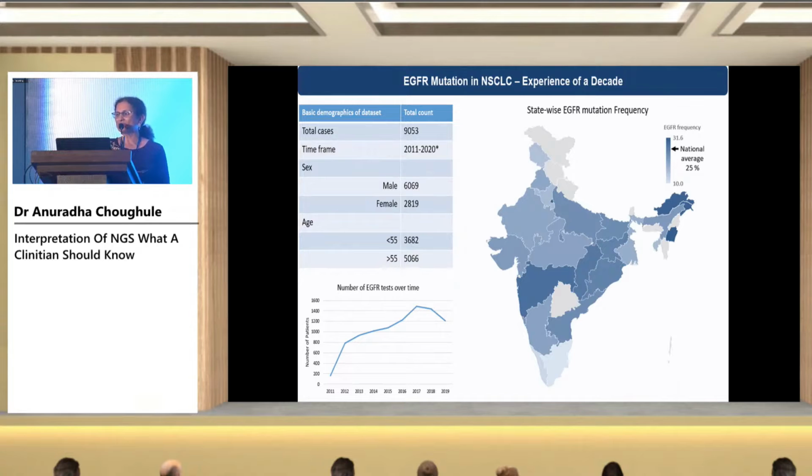And interestingly, till today, the average has remained the same, 25%. So from 2011 to 2019, we have done around 8,000 EGFR tests.